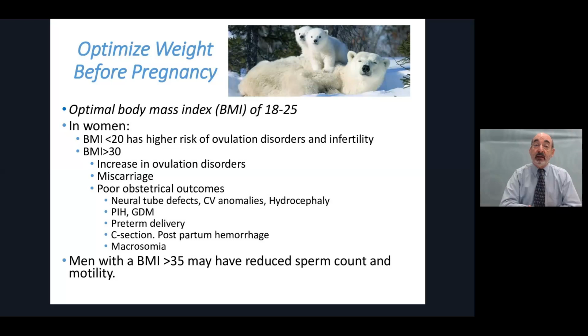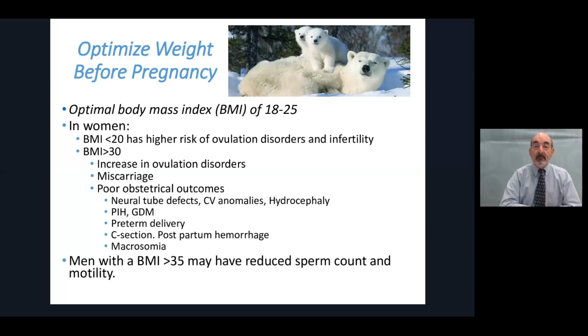We also can see in women who are overweight and obese an increased risk of miscarriage and increased risk of certain obstetrical abnormalities, which I've outlined. Again, not all women who are overweight or obese will have infertility, nor will they have pregnancy complications, but we do note that these complications are more common with increasing body mass in women.